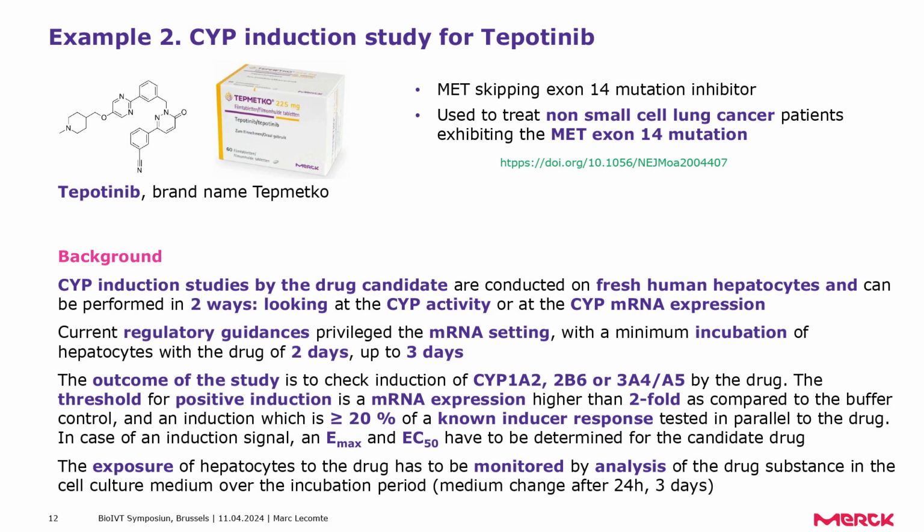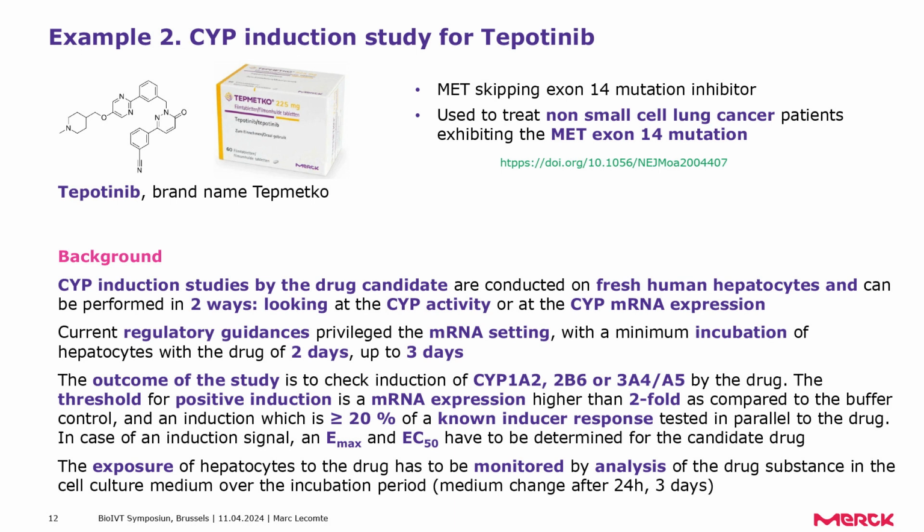So the background of that case: CYP induction studies by the drug candidate are normally, you have different settings, but the guidance says it's better to run this on fresh human hepatocytes, and they can be performed to look at two outcomes: CYP activity or CYP mRNA expression.